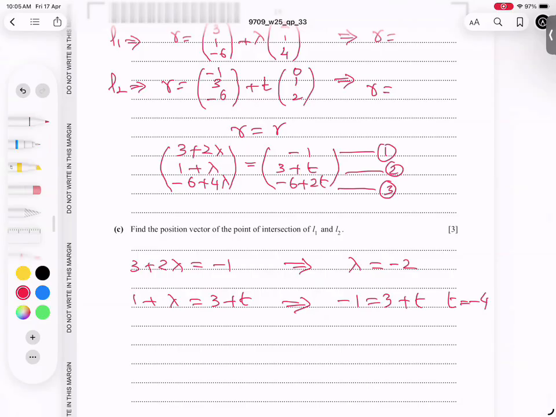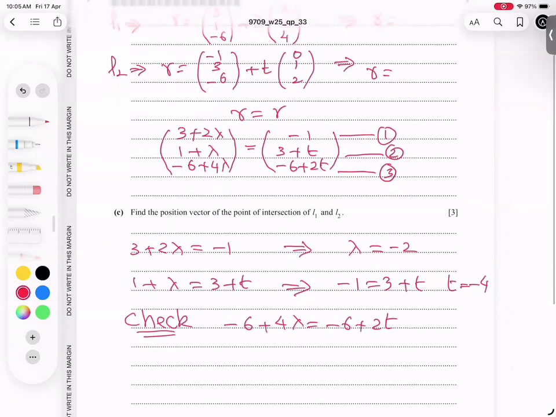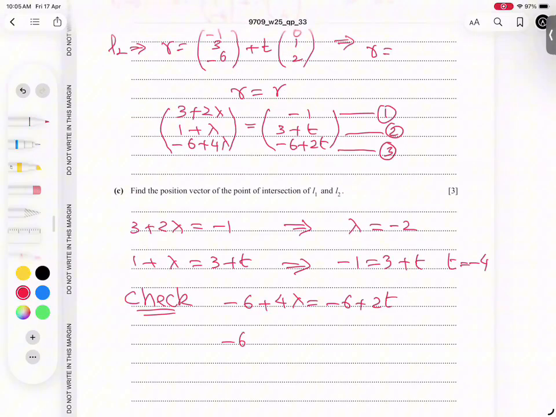Okay, so now what is the method, students? When we use any two equations, we put the values in the third equation, which is unused, for checking purposes. What is the checking criterion? I'll use the third equation, negative 6 plus 4 lambda equals negative 6 plus 2t, and plug in the values on both sides. The lambda value comes from there, negative 2, and the t value comes from here.